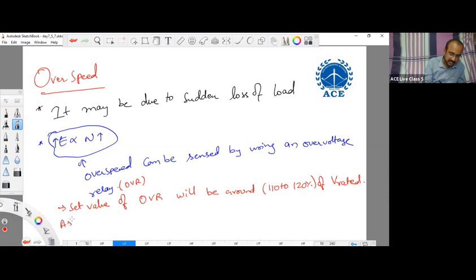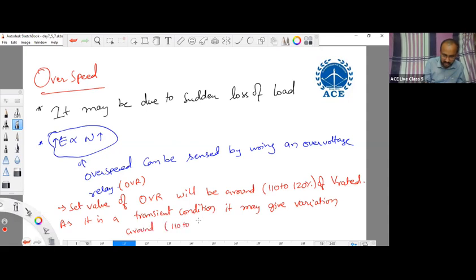As it is a transient condition, it may give a variation of 140 to 150% of overspeed.